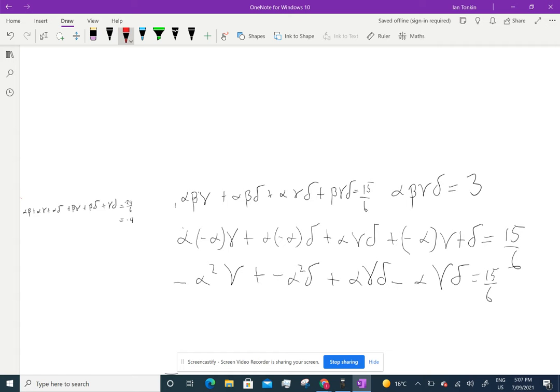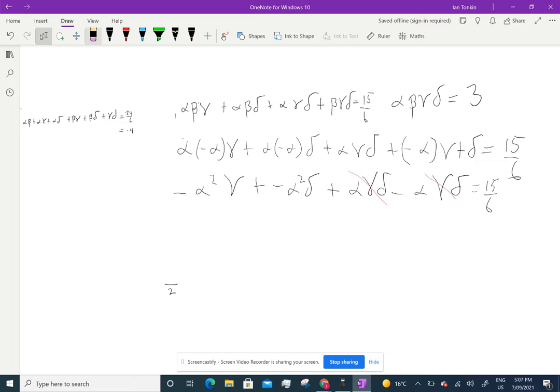And these two things are going to cancel each other out. So now I've got minus alpha squared gamma minus alpha squared delta equals 15 on 6.